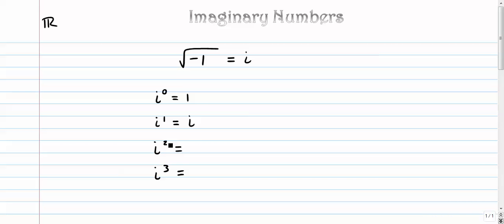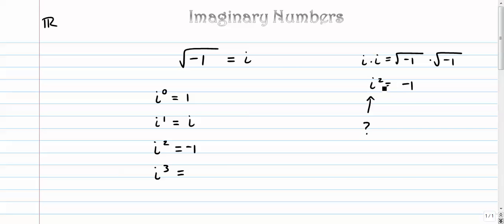Now i squared by definition is -1. I mean, think about that. i times i is the square root of -1 times the square root of -1, or -1. So it's actually just -1. And that's kind of the weirdest thing. If you think about what number can multiply by itself to get -1, it's impossible.